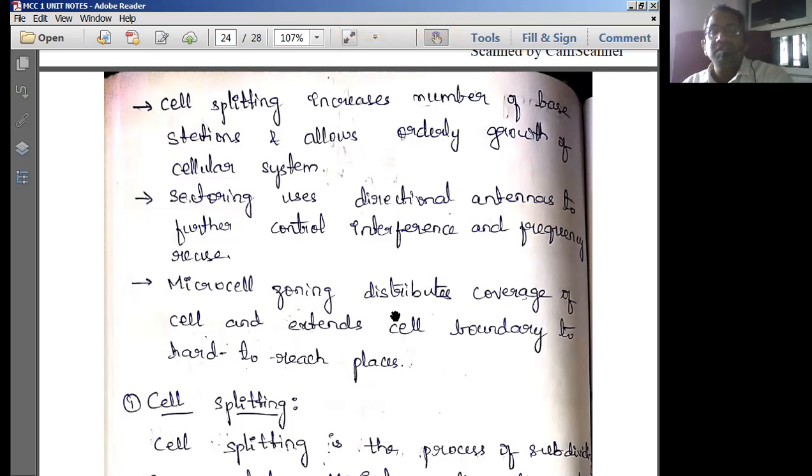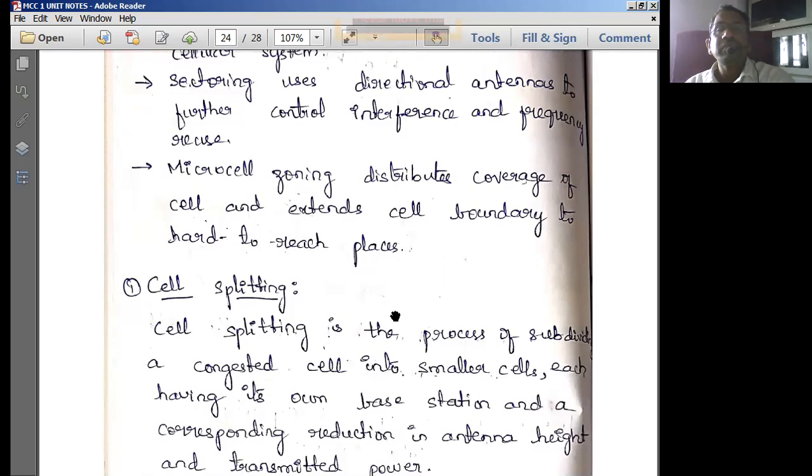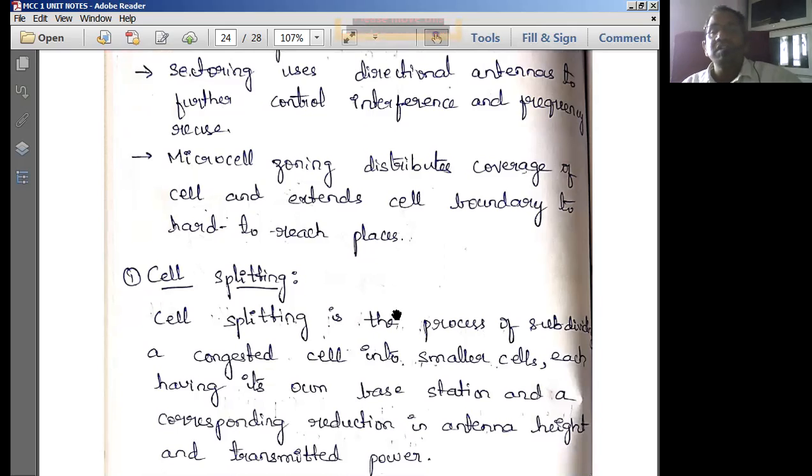The next one is microcell. Microcell zoning distributes coverage of a cell and extends the cell boundary to hard to reach places. Now these microcells are preferred at certain areas. Even though you have a cell zone, say there is a BSNL network, say there is an Airtel network, in those places at some points we may not get the signal.